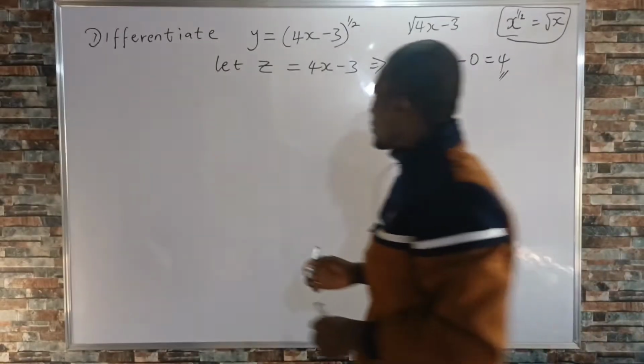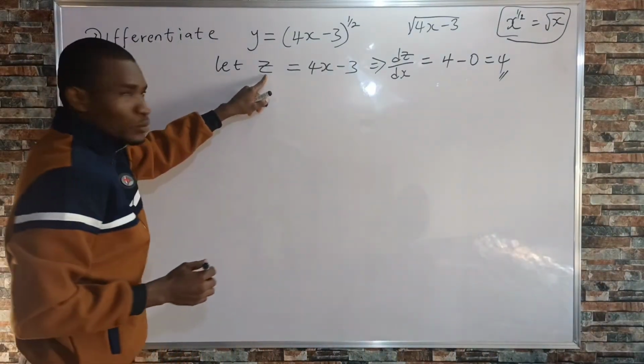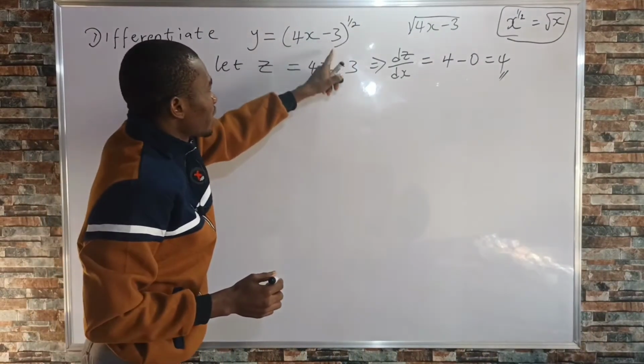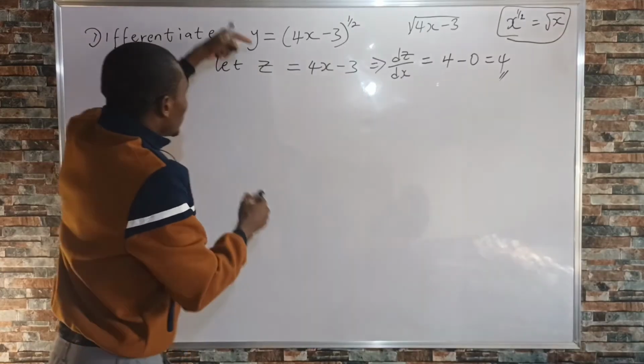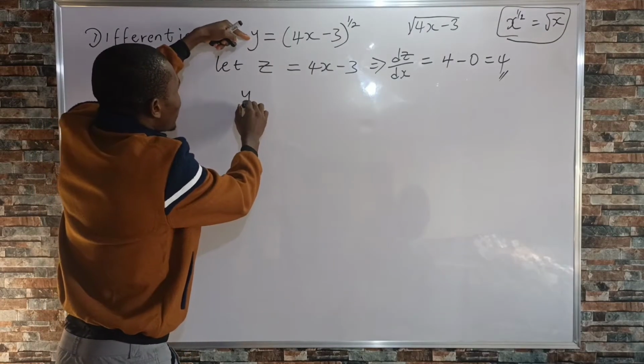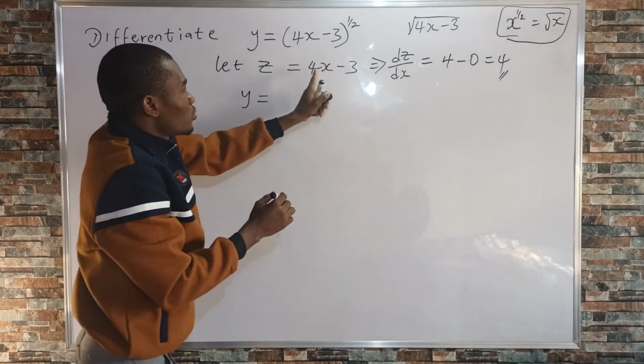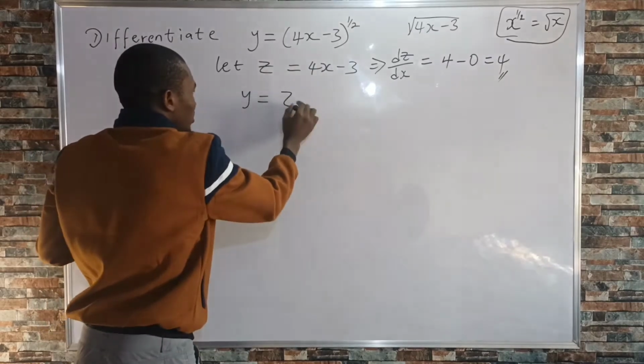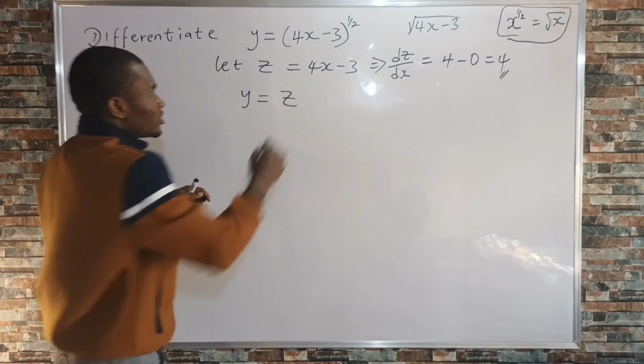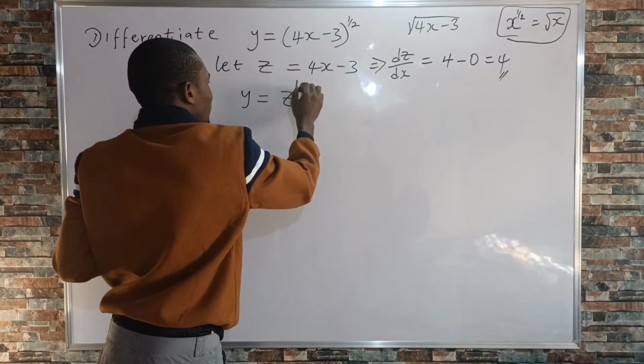Okay? But since we already let z be 4x minus 3, coming here, we have that our y now will be equal to, wherever we see 4x minus 3, we shall call it z, because that is the variable we use to represent it, then raised to the power of half.